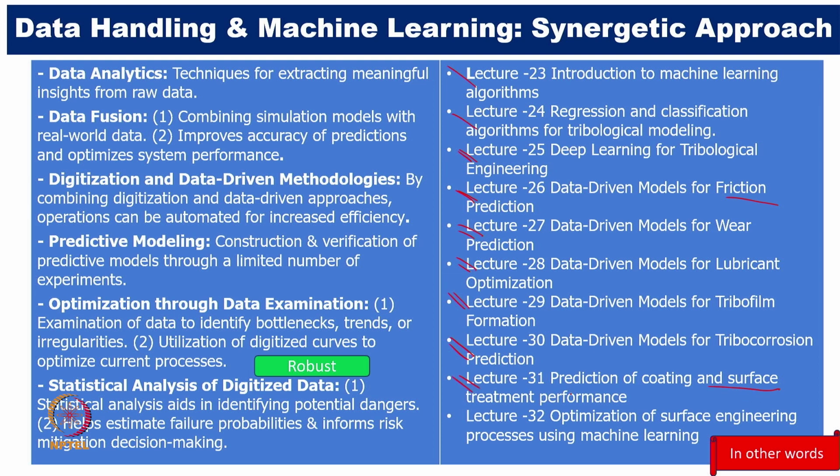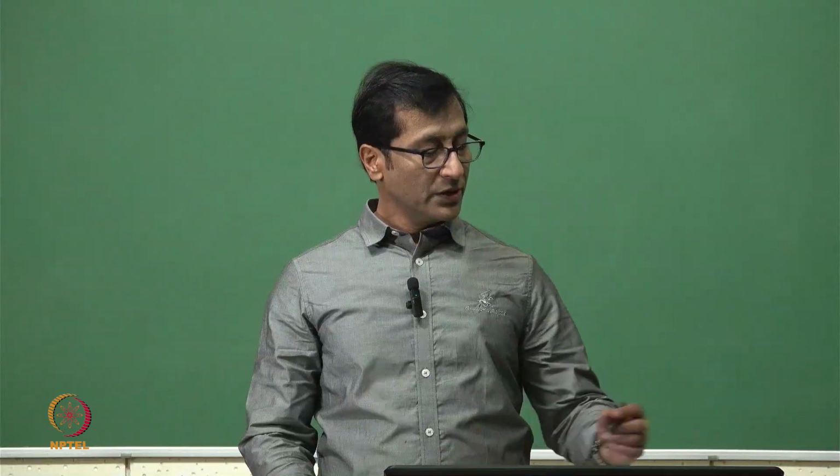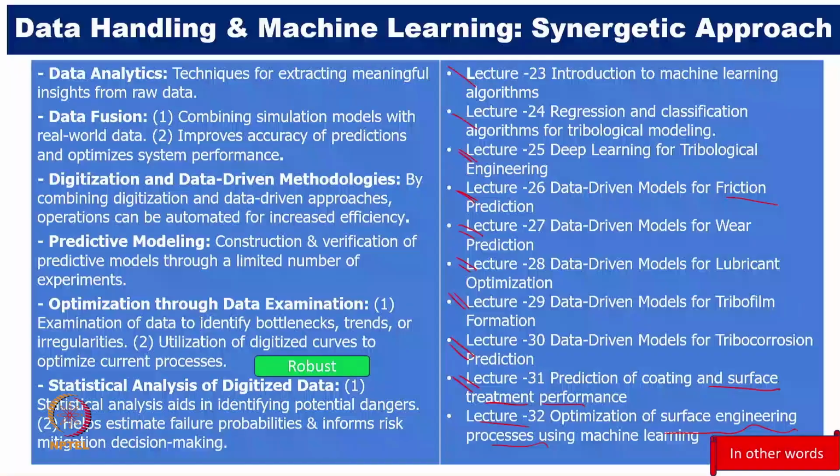Prediction of the coating and surface treatment is again a data driven approach. Coming to lecture 32, optimization of surface engineering processes using machine learning. So all these are data driven approaches. Now if I want to summarize in words, we say we will be using data analytics to extract meaningful information from raw data.